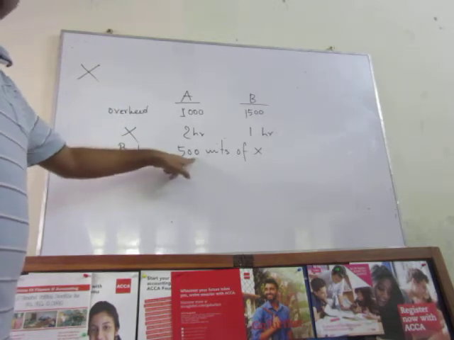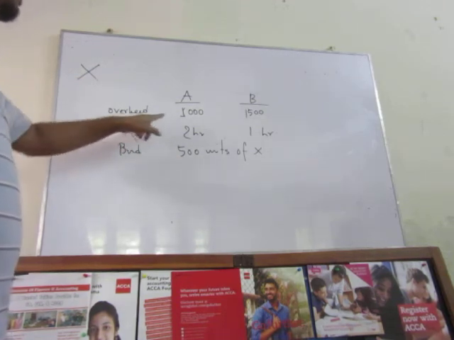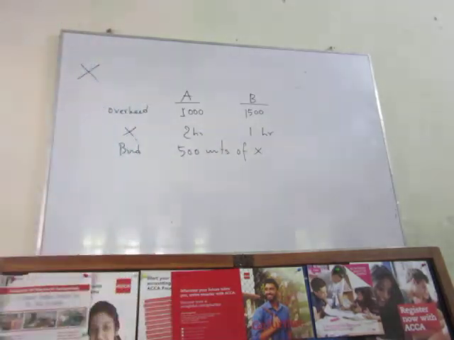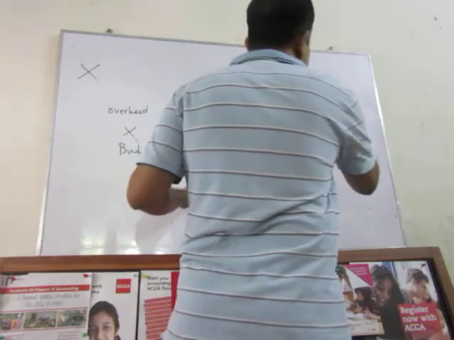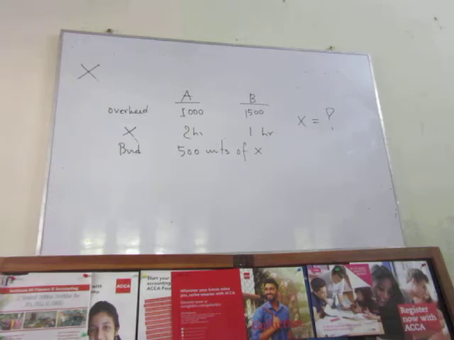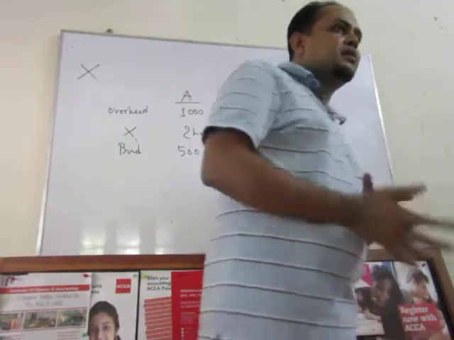You are expecting to produce 500 units. To produce each individual unit, this department requires 2 hours and this department requires 1 hour. You need to find out the cost of X. Need to find out the total overhead that should be charged to produce X.